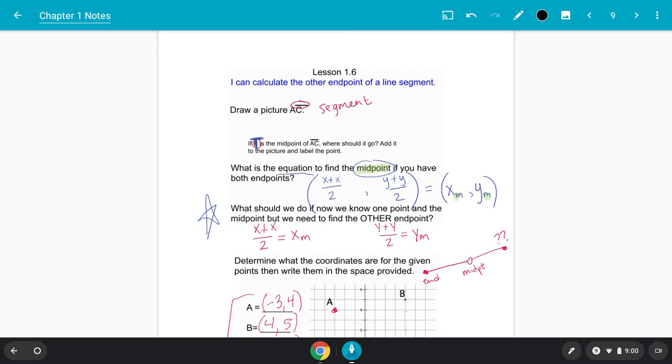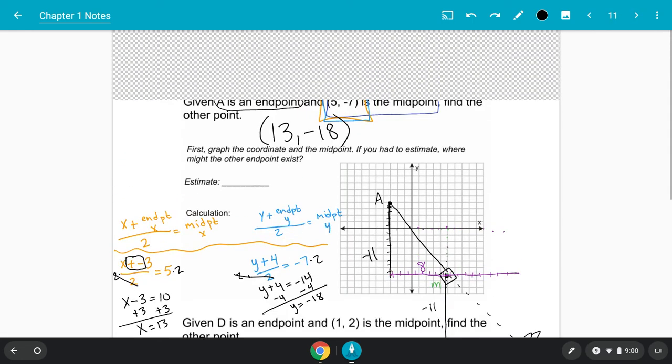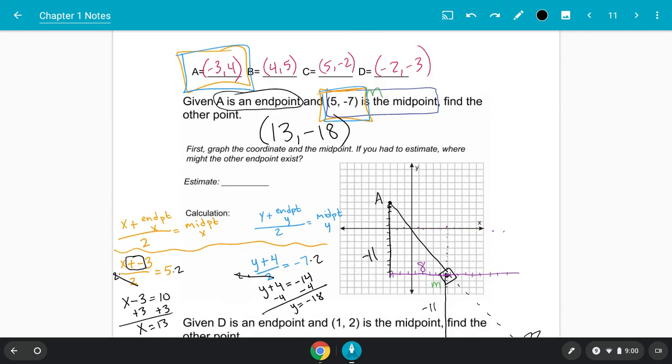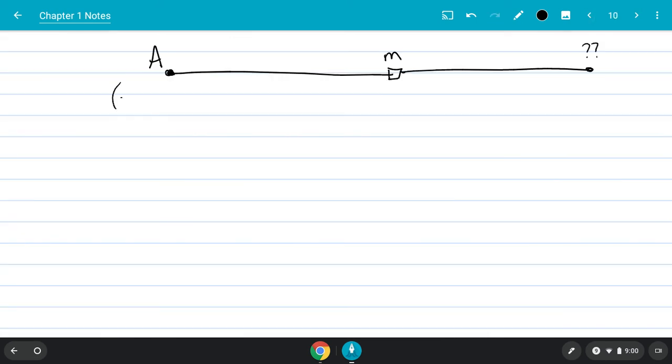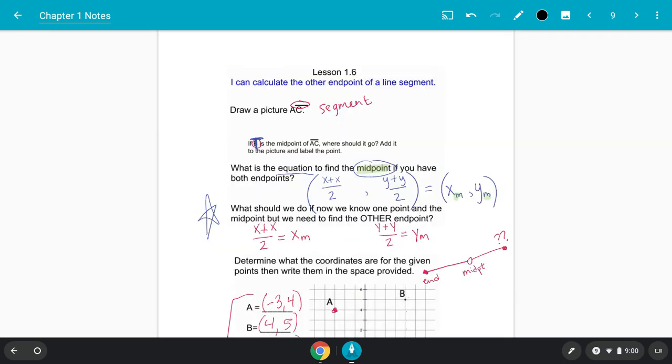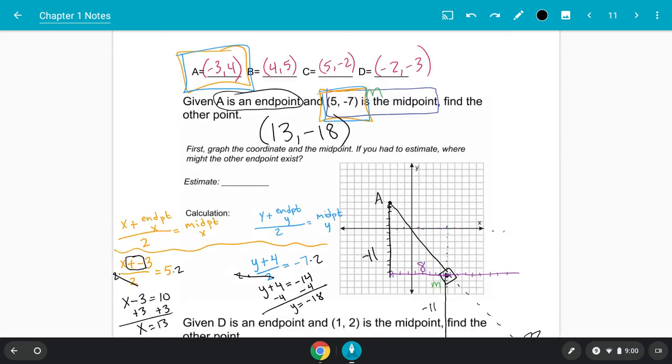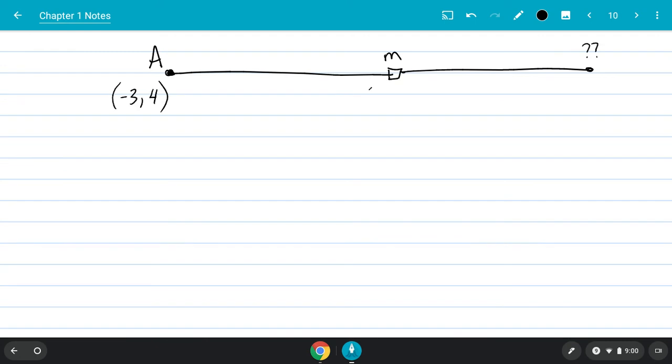A was -3, 4. The midpoint was 5, -7. And we need to find this. And there's two parts to it, the x and the y.